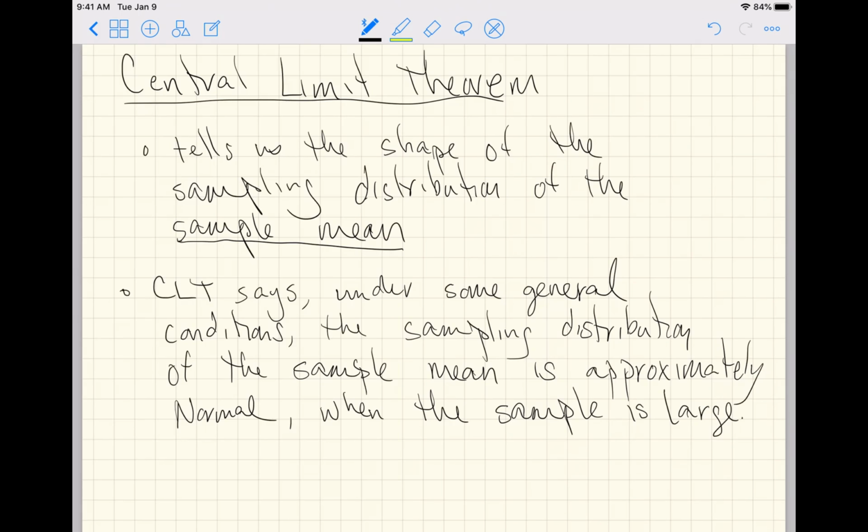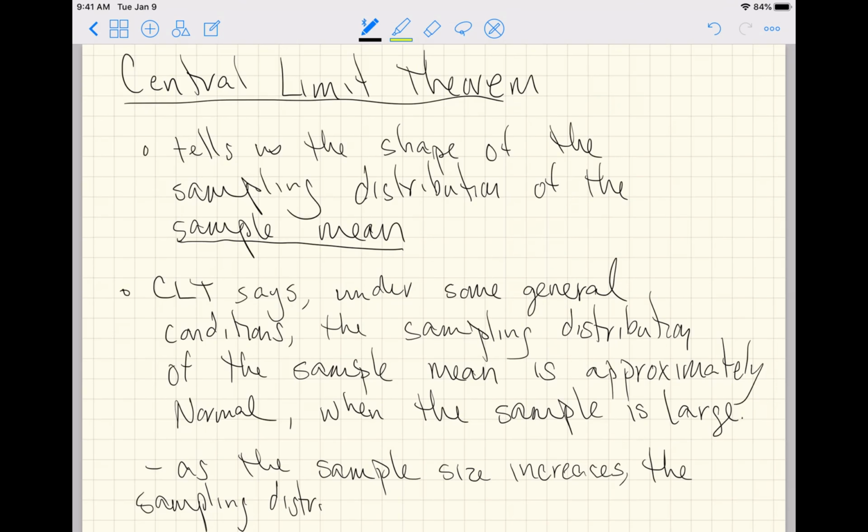What really happens is, as the sample size increases, the sampling distribution of the sample mean is increasingly normal.